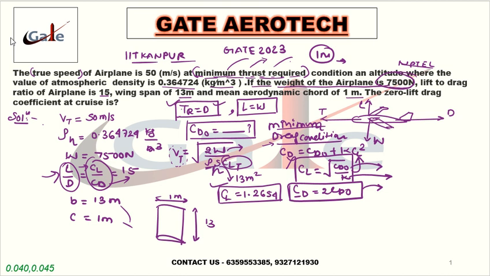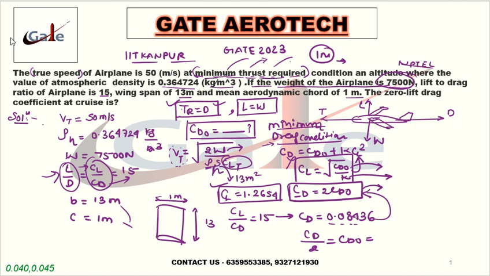So now I know I calculated CL. From this equation I can easily calculate CD from here, right? CD, which I got as 0.08436. You can just write it up to 3 decimal places, that is more than enough. Now I know CD, simply I can use it to calculate CD naught.